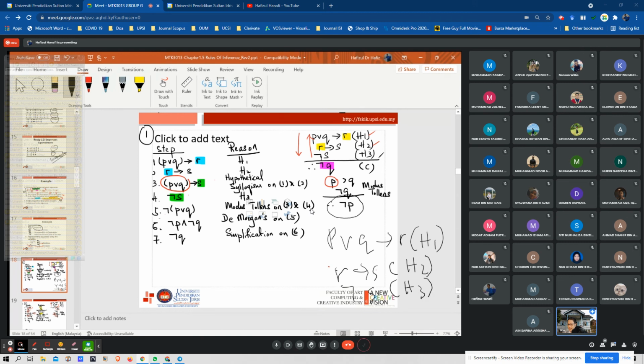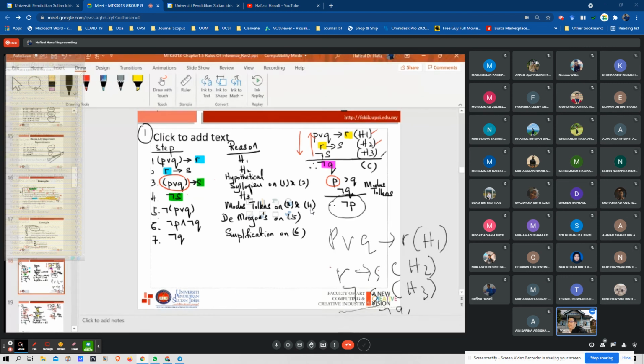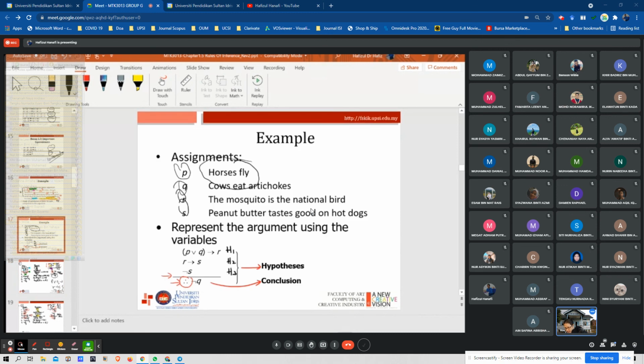Okay, and then lastly we have negate Q. Okay, for the reason, we reason H1, H2, and then we do the hypothetical syllogism here.